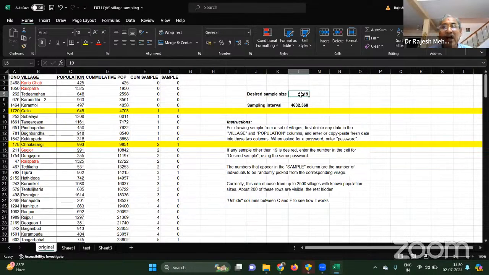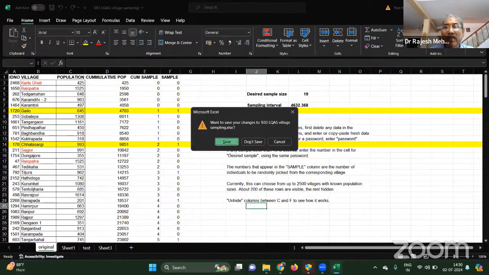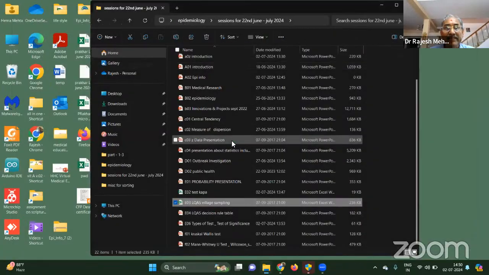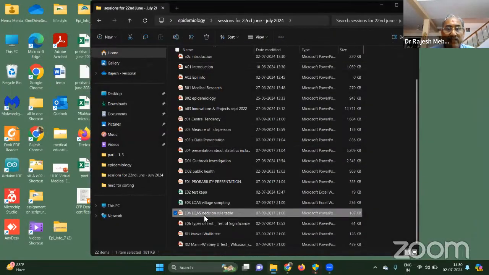Out of 19, how many vaccinated, not vaccinated. Out of 19, how many got the government subsidy, not getting the government subsidy. This is what is to be done in the lot sampling technique. So for that decision, whether it is 12 or 13 or 11, we use another table, and that is the decision rule table.